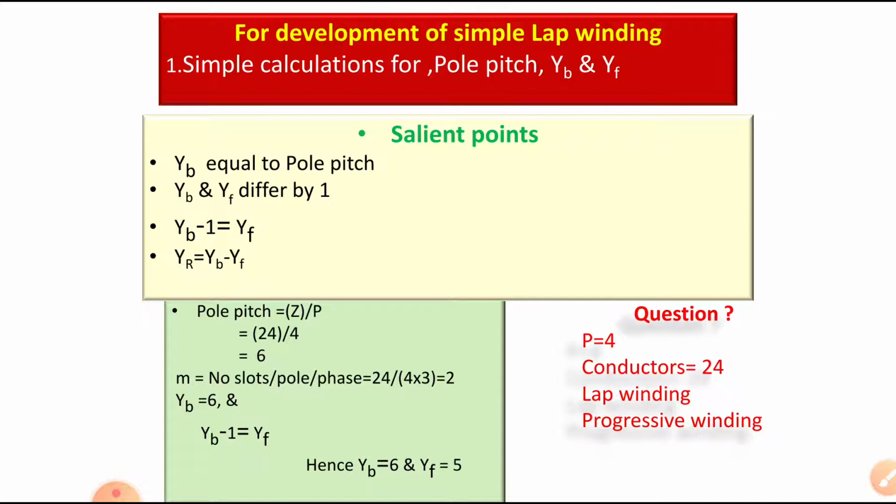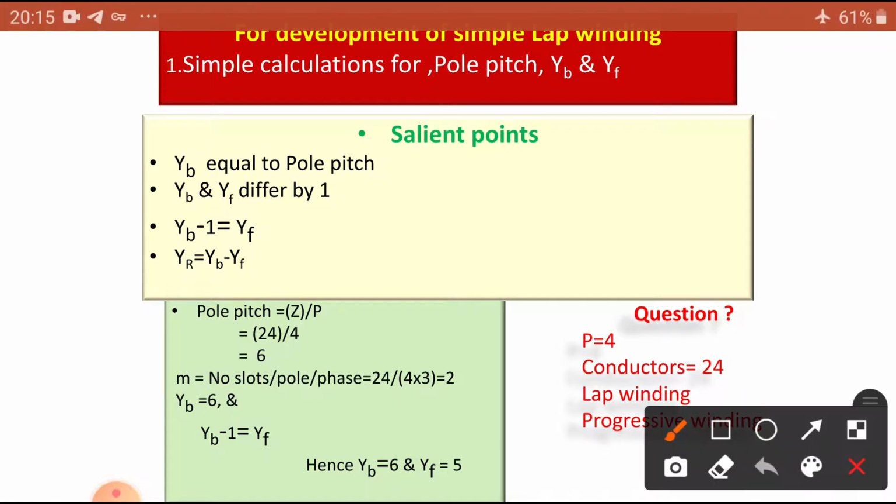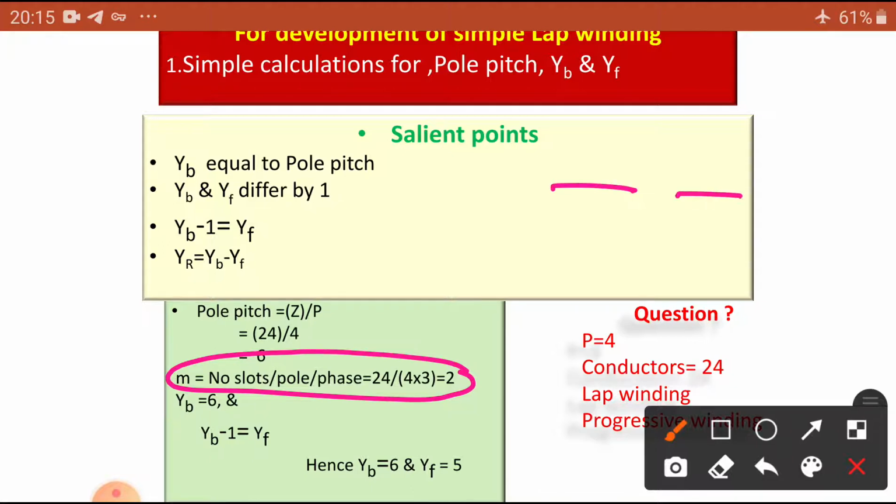So dear students, here there is one important thing you should remember. The main thing is M. That means, what is the number of poles? We discussed previously, these are 4 poles: north pole, south pole, north pole, south pole.